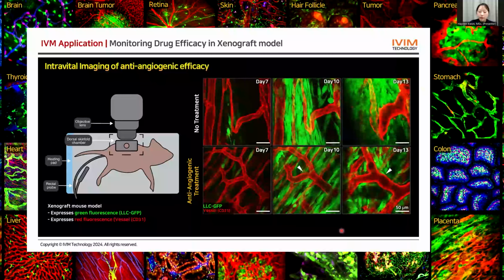As demonstrated previously, the dorsal skin fold chamber and also the cranial imaging window are suitable for long-term imaging of the same location within an individual, making it a very useful technique for analyzing drug responses within the body after administering various treatments.